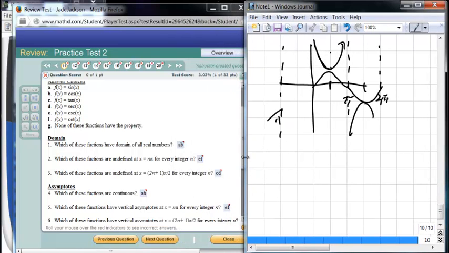And then also cotangent comes down like this. So you can do it by memorizing the graphs. You can also do it by thinking of the unit circle.